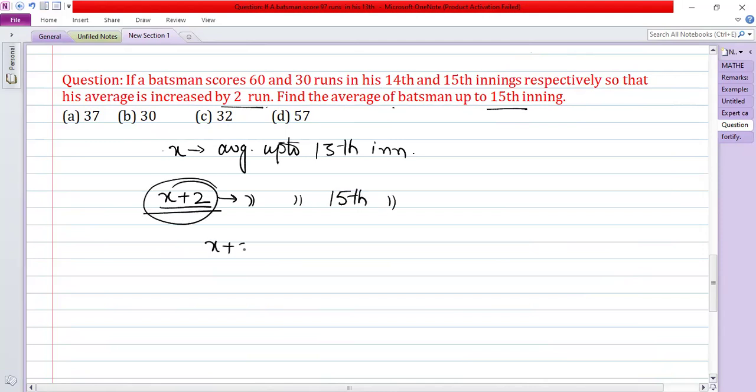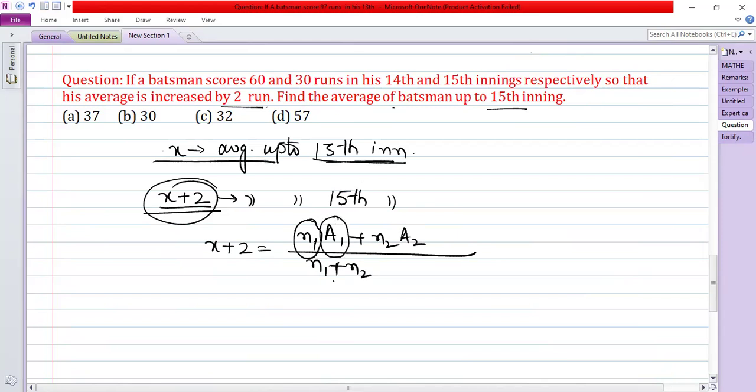So here x plus 2 will be nothing but N1A1 plus N2A2 divided by N1 plus N2. What is N1? N1 is the number of innings played earlier, which is 13. And A1 is the average up to the 13th inning.